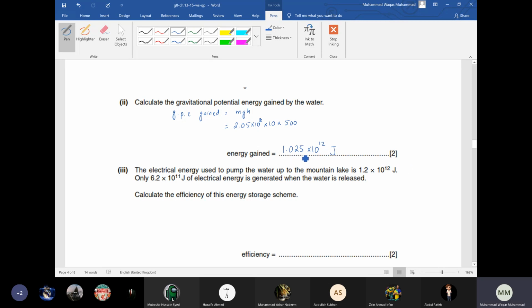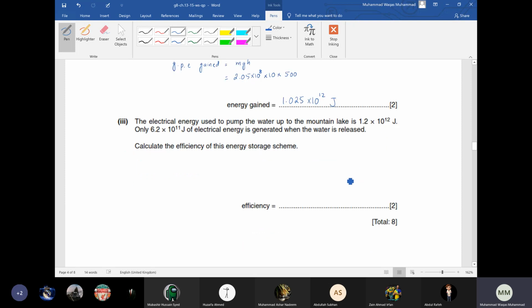Okay, beta, tell me, is it 1.025 or is there something after 5? Sir, it's 1.025. Okay beta, I'm asking because often when you round off you make mistakes in rounding off. So that's why I was just checking to make sure.